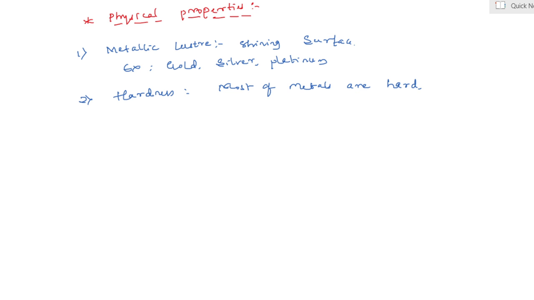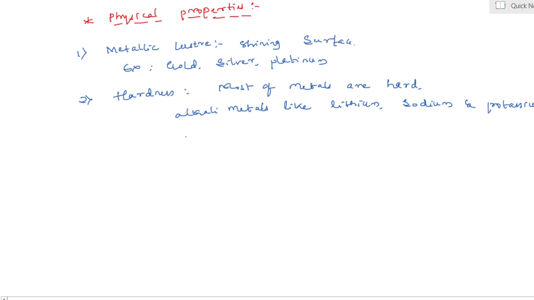Some alkali metals like lithium, sodium and potassium are soft and can be cut with the help of a knife.